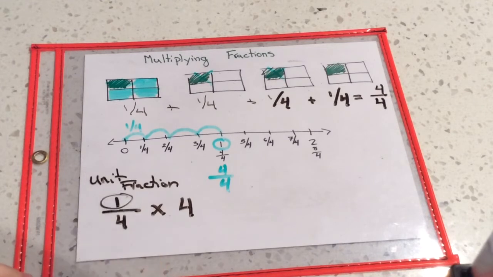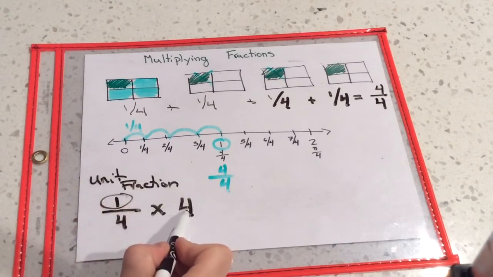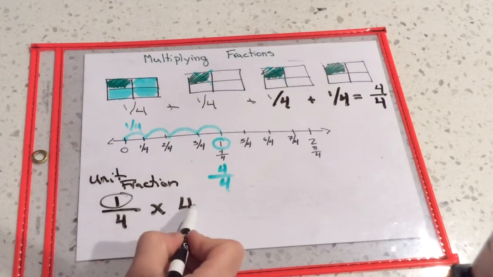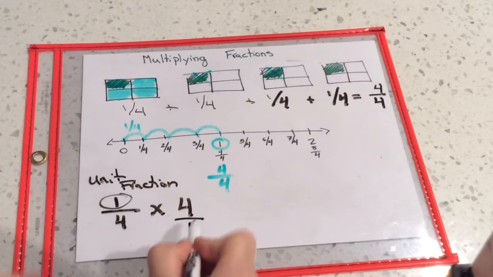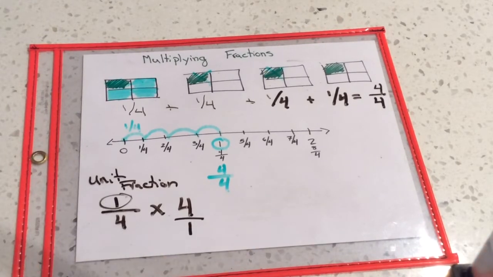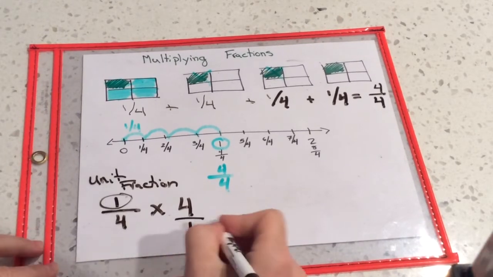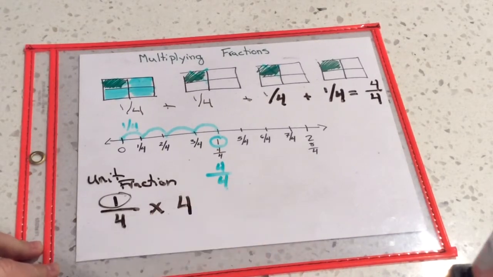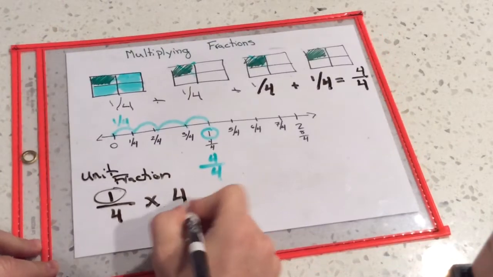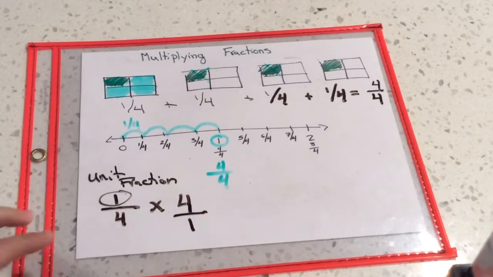When the numerator is 1, by a whole number. So we have 1/4 times 4. We can always put 1 under a whole number and it does not change the value. So this was saying times 4, or times 4 wholes.